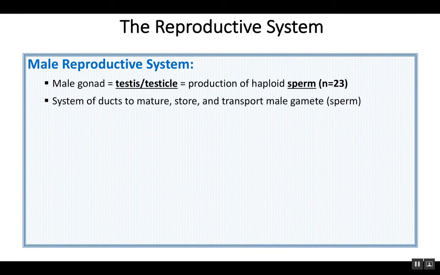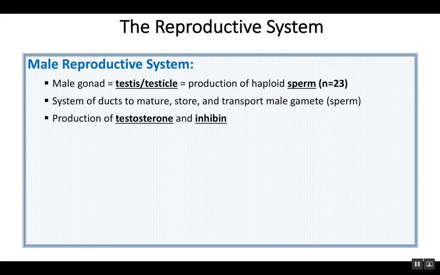The male reproductive system consists of a number of ducts. These ducts either are the site in which the sperm are produced, or a site where they are stored and allowed to mature, or the duct transports the male gamete or sperm out of the reproductive tract. There's also hormone production involved.